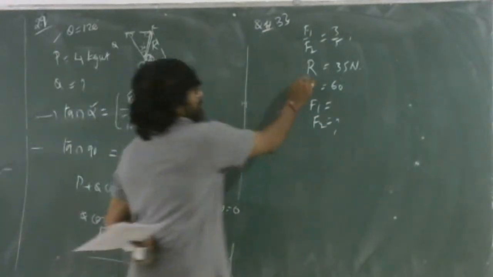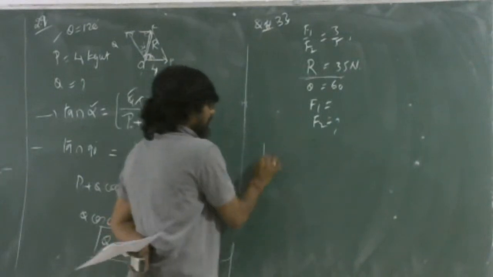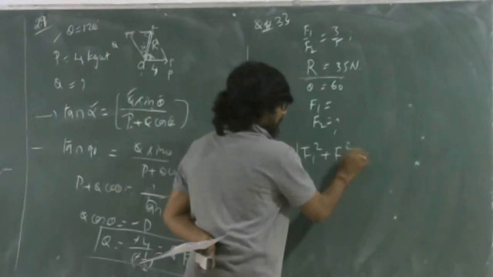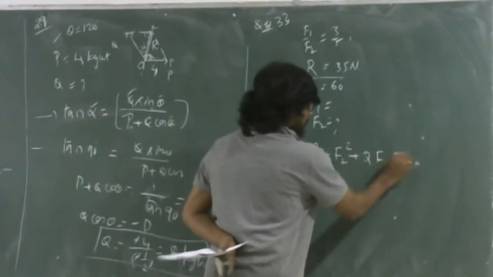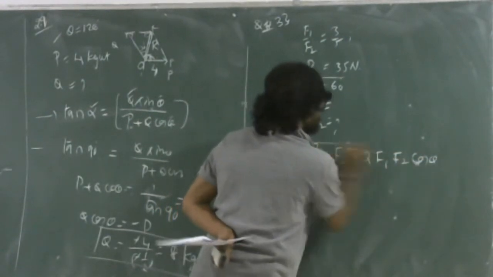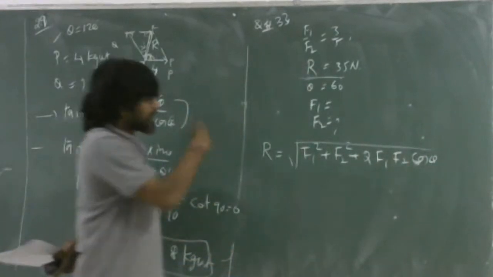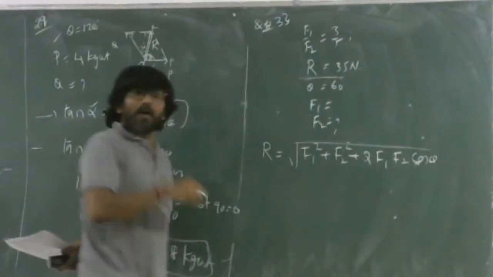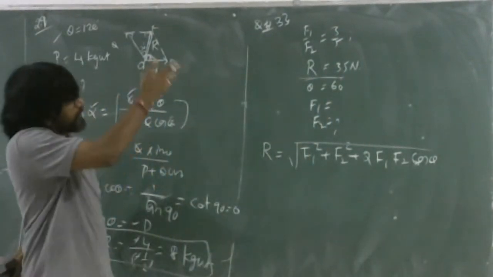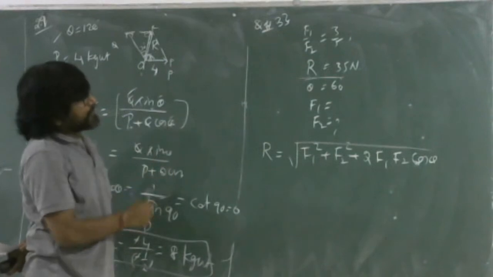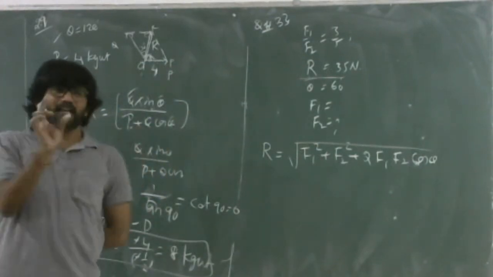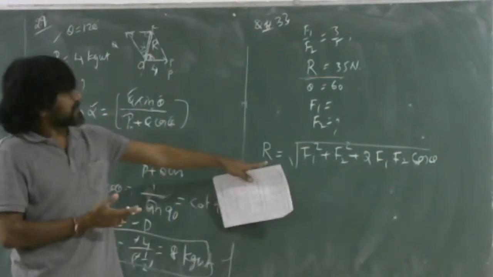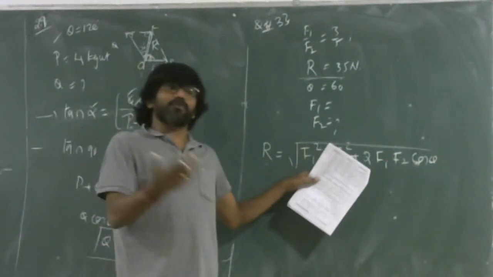By using the expression of R, for two forces, R is equal to square root of F1 square plus F2 square plus 2 F1 F2 cos theta. Here we can take F1 is equal to 3 by 5 F2, or F2 is equal to 5 by 3 F1. Any one form you can take, because R is given.